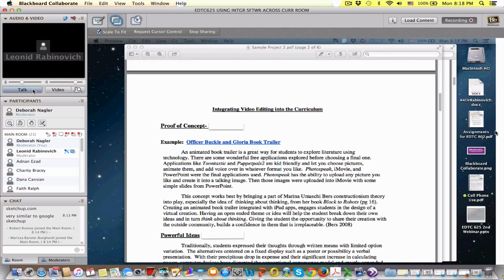So again, try to make connections to new standards, to new technology tools that are coming into classrooms, and how these technologies could help students learn better. And that's the idea of this project.